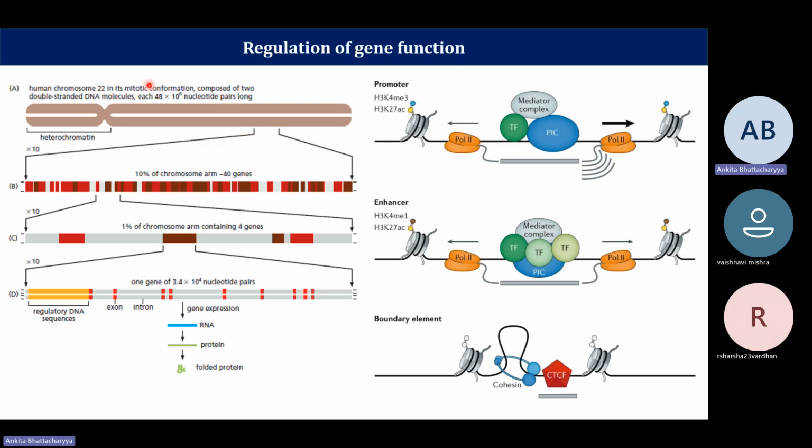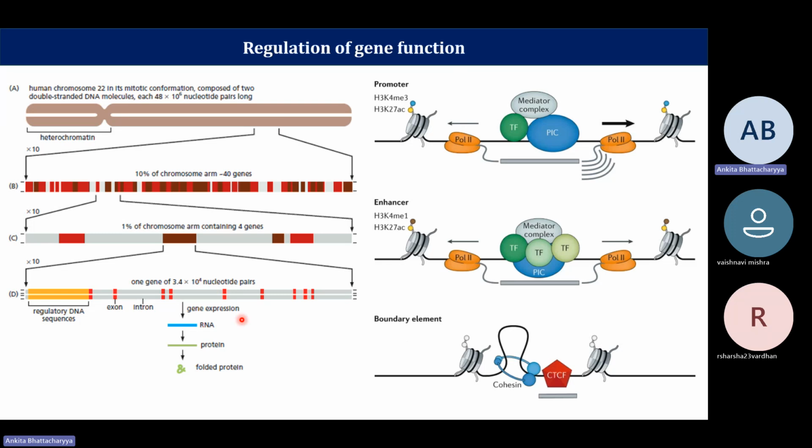When we looked at the chromosomes at large, we saw that the entire chromosome is actually coding for a particular gene, where exemplarily we took chromosome 22, and we see how 10% of the arm only has 40 genes and 1% of the arm only contains 4 genes.